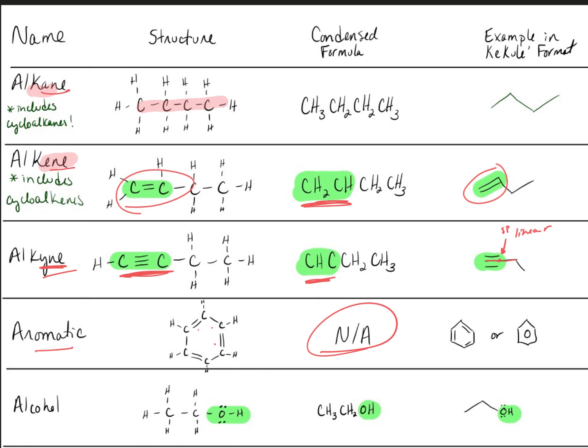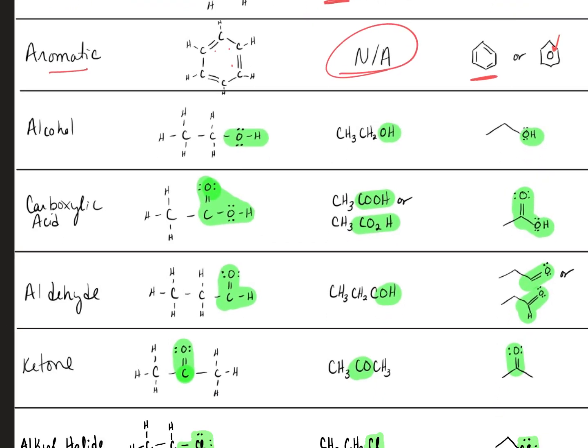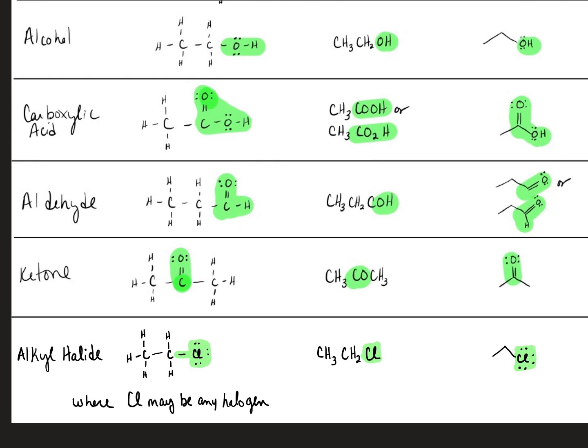And sometimes you see benzenes represented, like this specific type of aromatic, with single, double alternating bonds, or sometimes you see it with this circle on the inside, which we're going to talk about what that means in just a little bit.